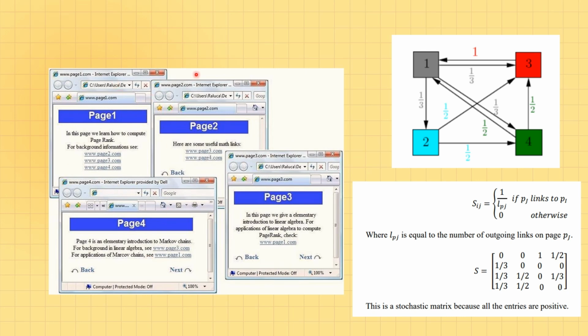So each link receives 1/3 of the page's importance. Page 2 has 2 links, so page 3 and page 4 each receive 1/2 of page 2's importance.